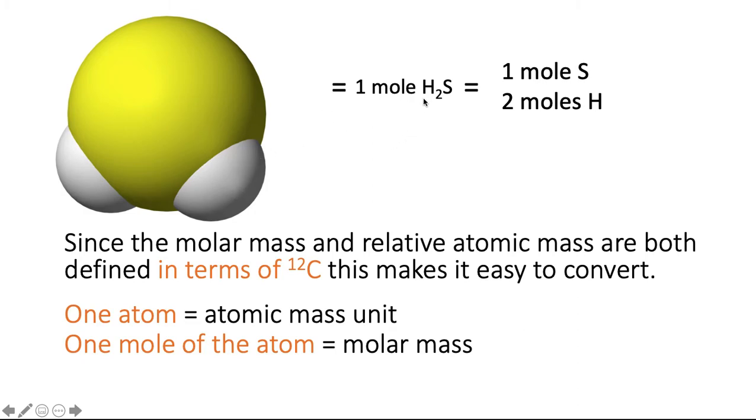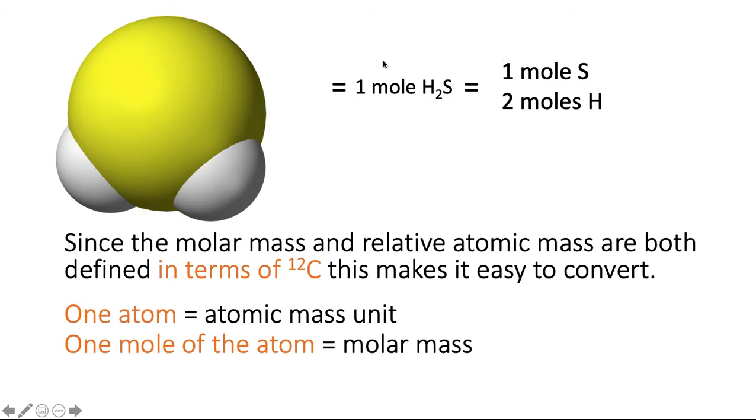6.022 times 10 to the 23rd molecules is 1 mole, the same as 1 mole of H2S. So if I have 1 mole of H2S, that means I also have 1 mole of sulfur because the ratio is the same, but I have 2 moles of hydrogen because I have twice as many hydrogens as I have molecules.